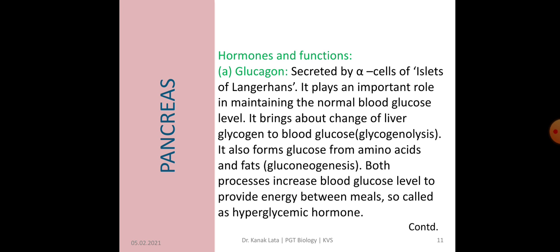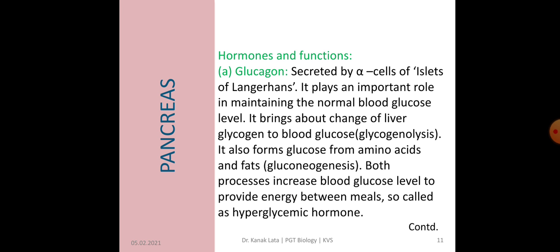Glucagon is secreted by the alpha cell of islet of Langerhans. Glucagon plays an important role in maintaining the normal blood glucose level. It brings about change of liver glycogen to blood glucose, and this process is called as glycogenolysis, and it also forms glucose from amino acids and fats, and this is called as gluconeogenesis.